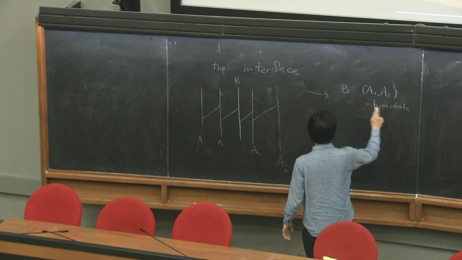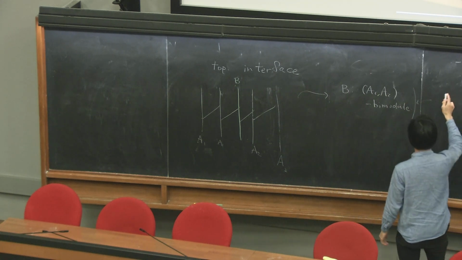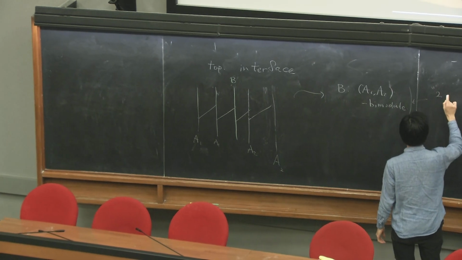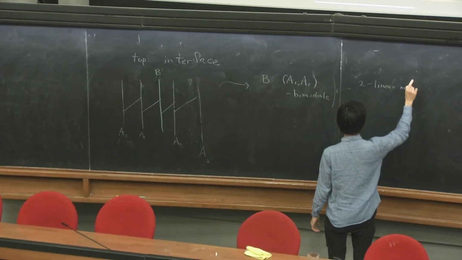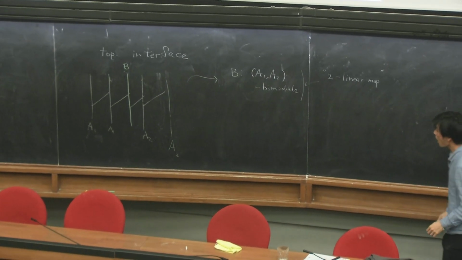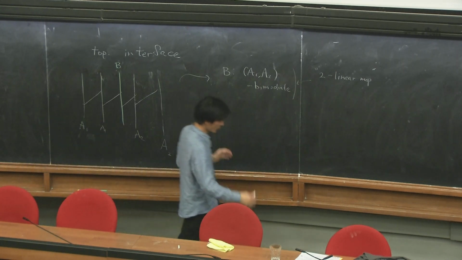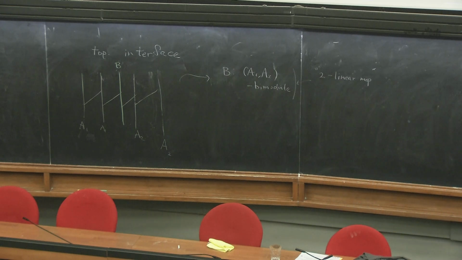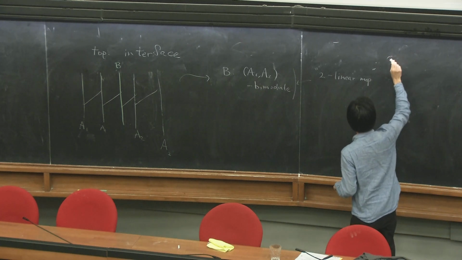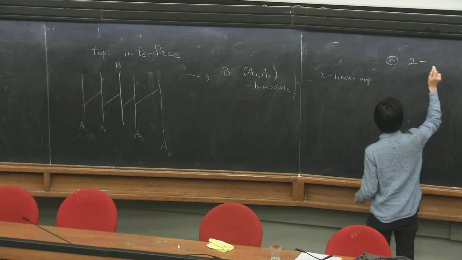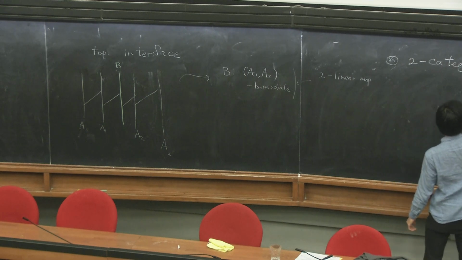So this is what we can call a 2-linear map. Now, at this stage, to organize those structures, I'd like to introduce the 2-category of 2-vector spaces.